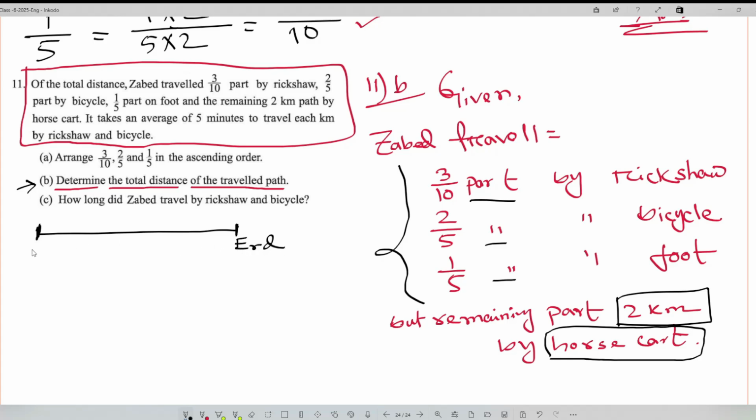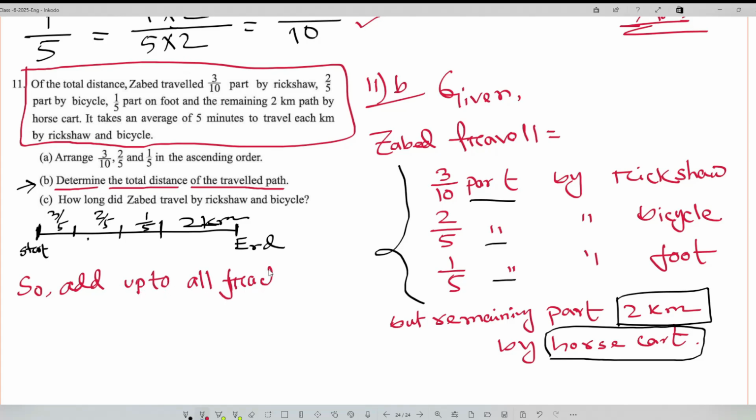This one is 3/10 by rickshaw, this is 2/5 by bicycle, this is 1/5 by foot, and this one 2 kilometer by horse cart. So first we have to add up all the fraction parts: 3/10 plus 2/5 plus 1/5.